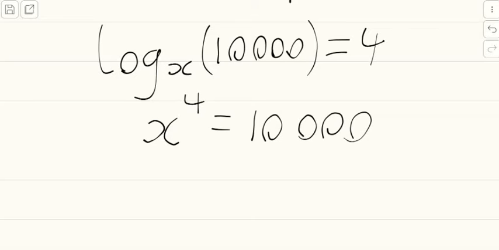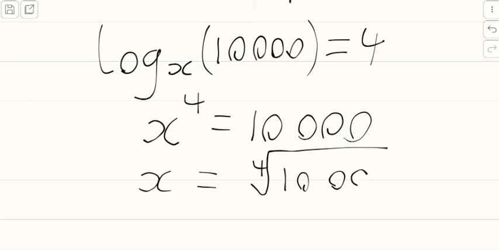And then, quite simply now, we take the fourth root of 10,000. So x is going to be equal to the fourth root of 10,000, and that's going to be equal to 10.